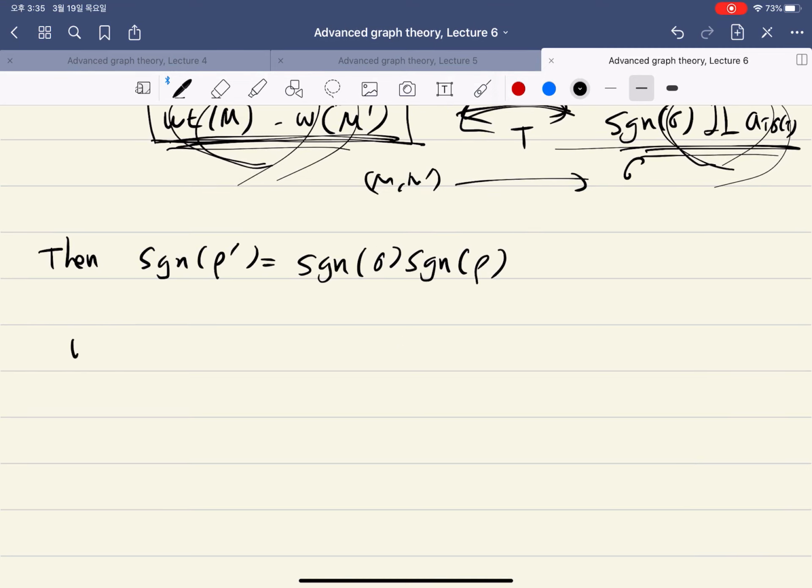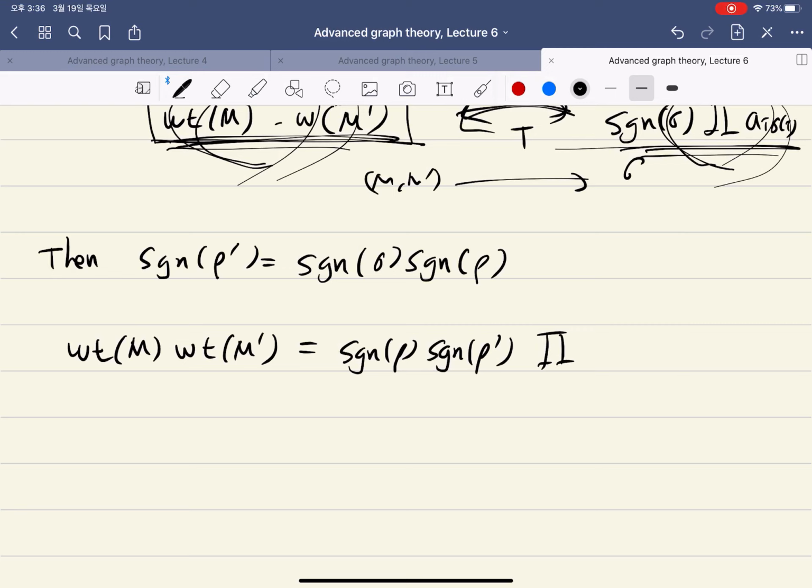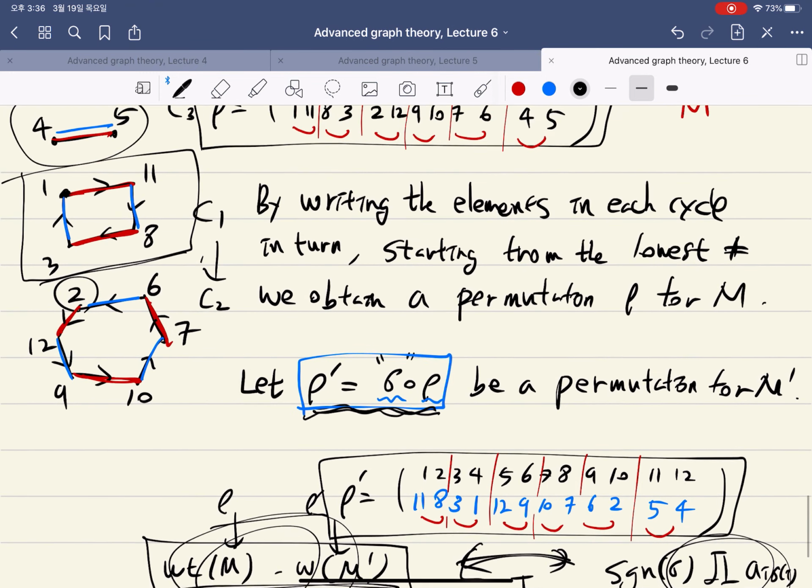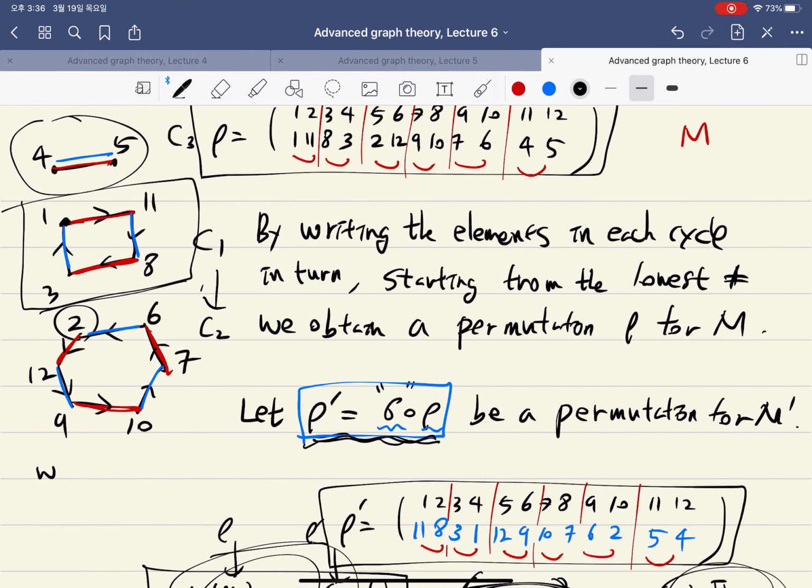Then what do we have? The weight of M times the weight of M prime is the sign of rho times the sign of rho prime, and we multiply all this, because what's the weight of M?